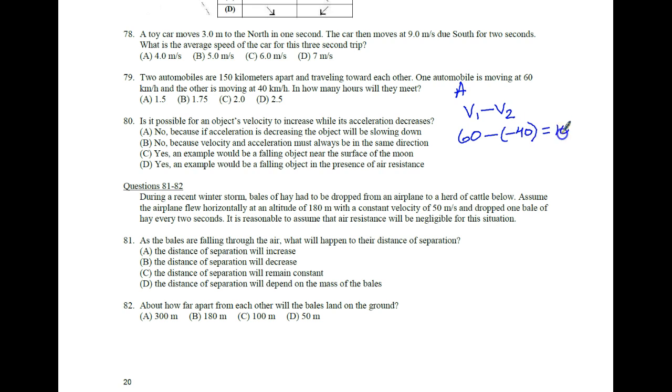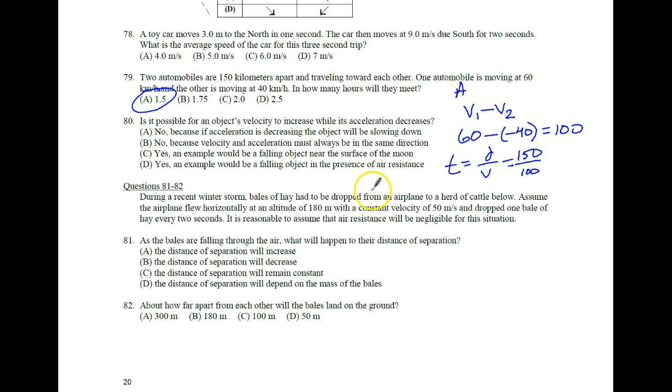That's equal to 100 kilometers per hour. They'll meet when our time is equal to the distance divided by the relative speed. Our distance was 150 kilometers, and we divide that by 100 kilometers per hour, and that gives us our answer, which is letter A, 1.5 hours.